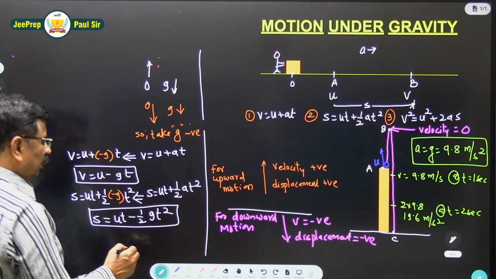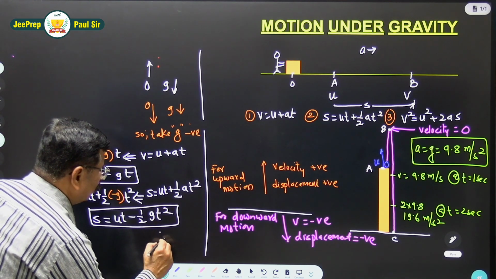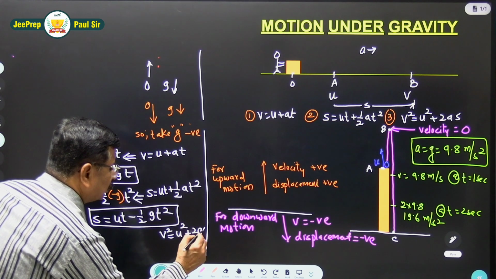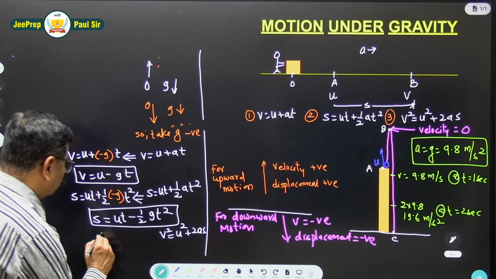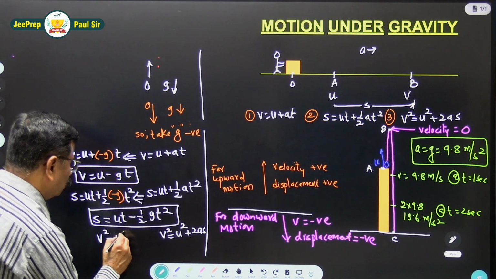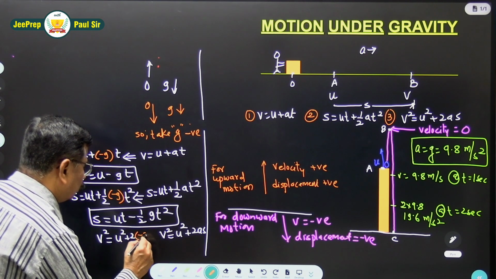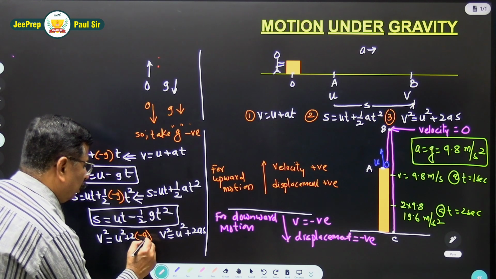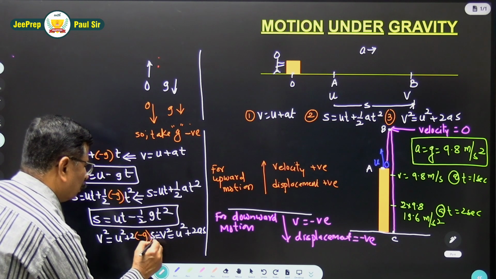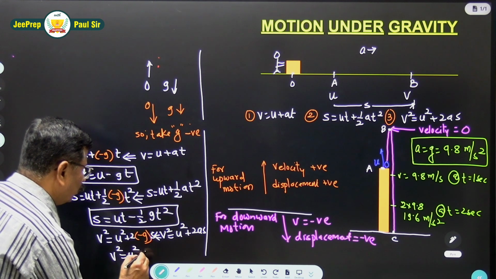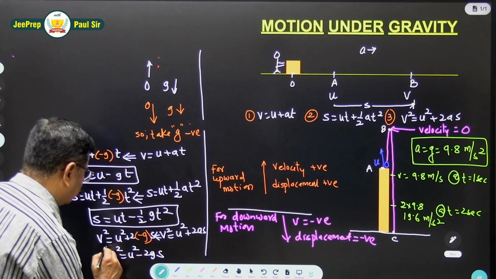And the third kinematic equation is V square is equal to U square plus 2AS, and this we will write as V square is equal to U square plus 2 into minus G into S. So this will become V square is equal to U square minus 2GS.